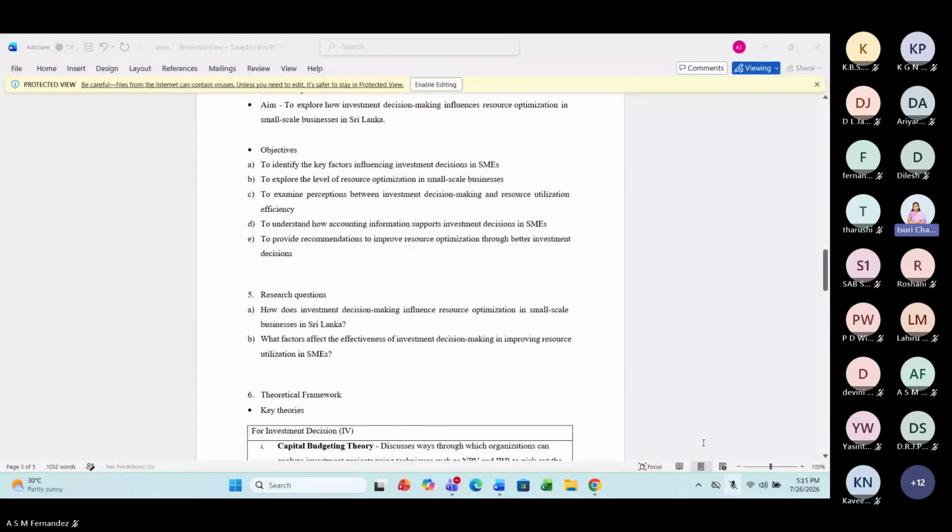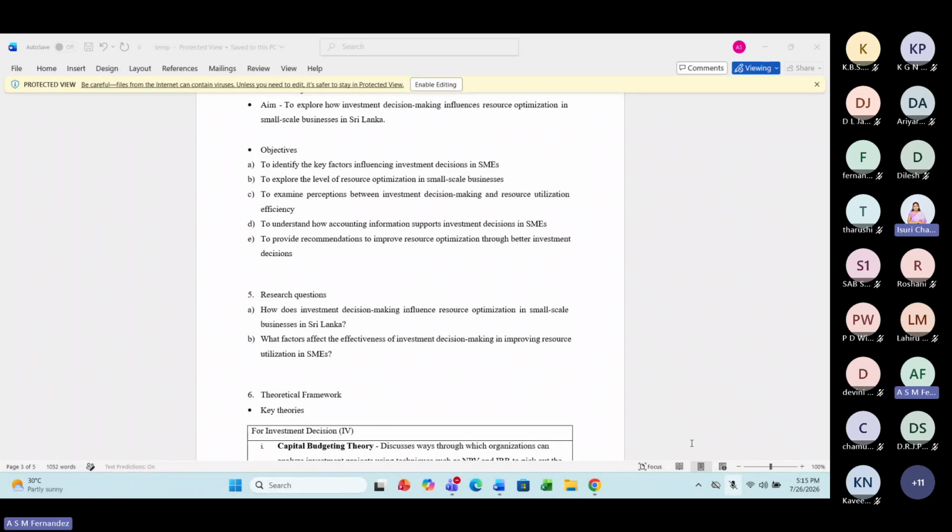The other one, to identify the factors affecting effective investment decision making in improving resource utilization in SMEs. No need to develop other research objectives. You just convert these questions into the 2 objectives. You can remove the other objectives.